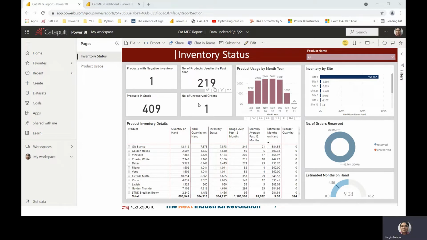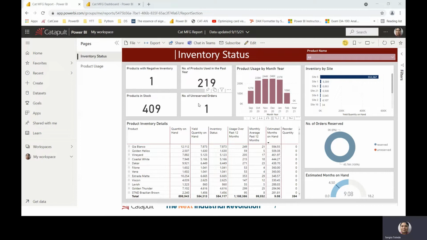We also have estimated months on hand in this gauge. What this means is an average monthly usage for each product is taken from the data. And this builder wanted to know which products we have enough for in the future as well, not just for this month, but we want to be able to know that we have enough for 4.5 months.